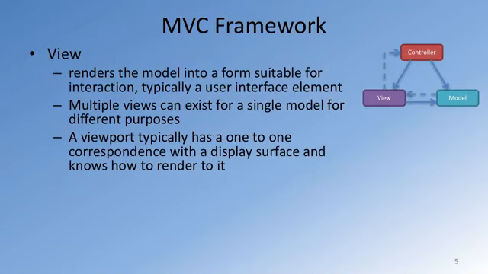For example, depending upon the viewport size. So a small size viewport like on a mobile application, the information may be presented in a different way as opposed to a larger viewport that is facilitated on a desktop computer. So in an MVC framework, all the display of the information has a one-to-one correspondence with the model state.